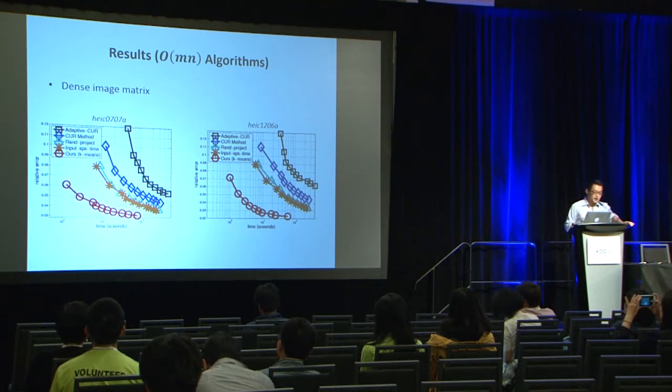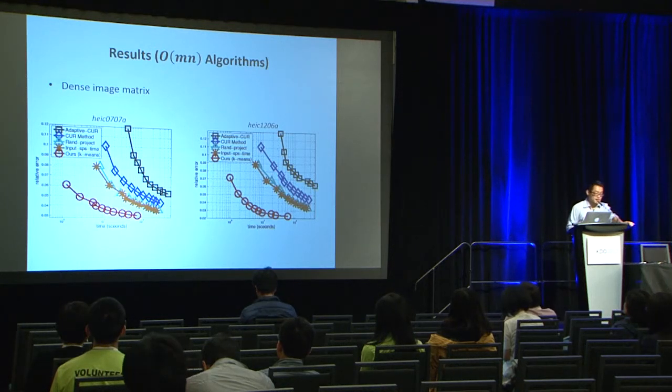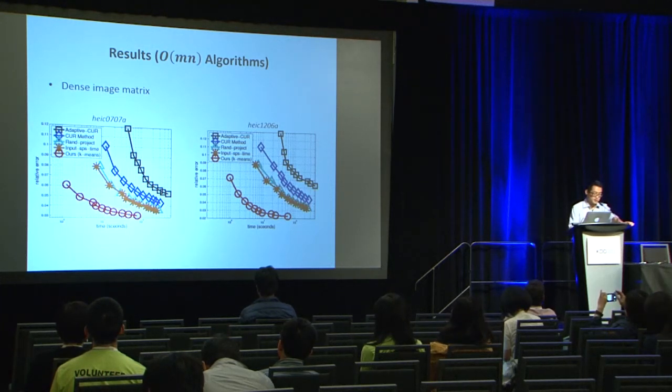We can see here the green one is the random projection method, and the orange one is the sparse random projection. The horizontal axis is time, and the vertical axis is the approximation error. We can see that by consuming the same amount of time, our approach achieves a much lower approximation error.